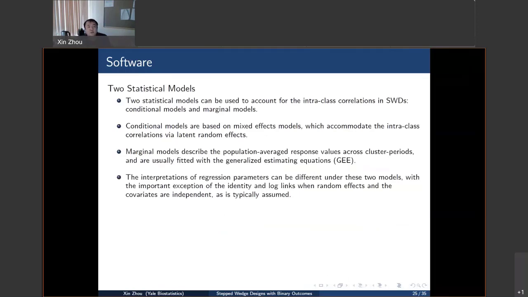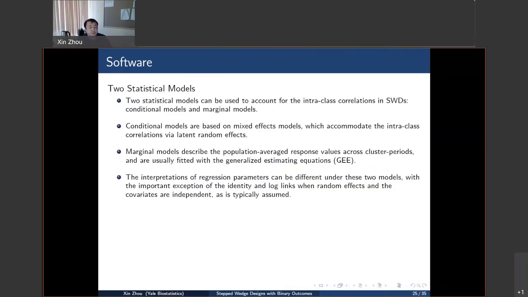Two statistical models can be used to account for the intra-cluster correlation in stepped-wedge designs. That's a conditional model and a marginal model. Conditional models are based on a mixed effect model, which accommodates the intra-cluster correlation with latent random effects. Marginal model describes the population average response values across cluster periods and is usually fitted with the generalized estimating equations.